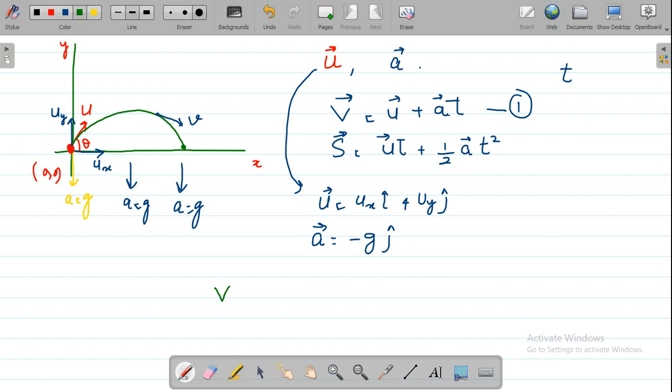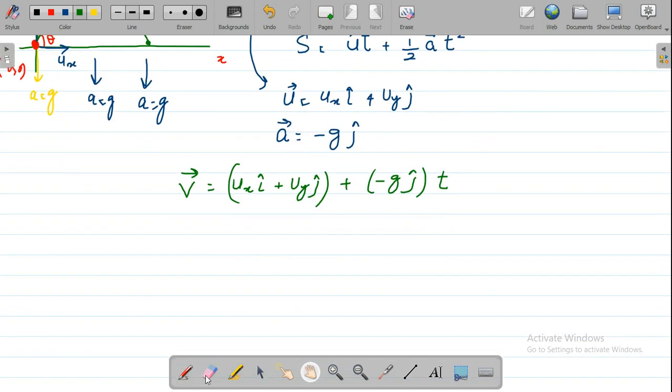That means v is equal to u, that's ux i cap plus uy j cap, plus a, that's minus g j cap, into t.